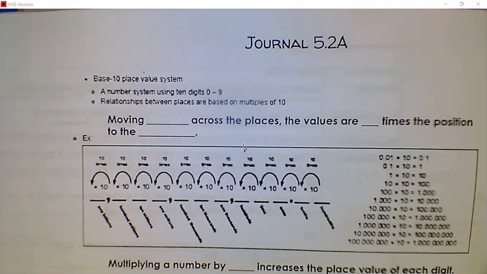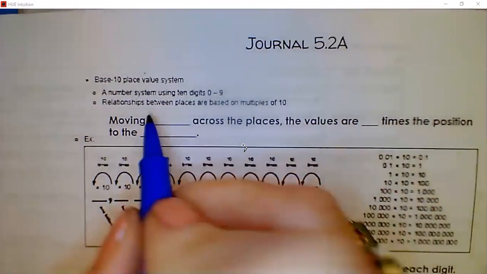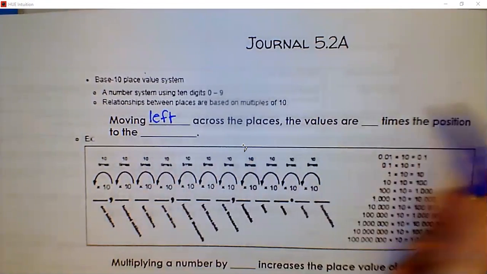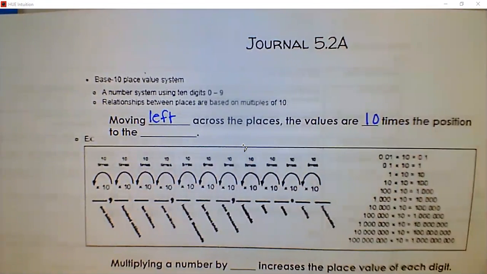So in the fill in the blank here, we're going to put moving left across the places, the values are what? 10 times the position to the right.